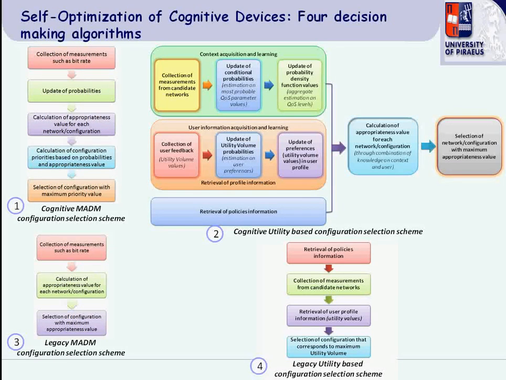In other words, the legacy decision-making algorithms simply select the network that offers the best quality of service level, combination of quality of service parameters at each moment, whereas the cognitive selection algorithms decide based on knowledge obtained through learning functionality.